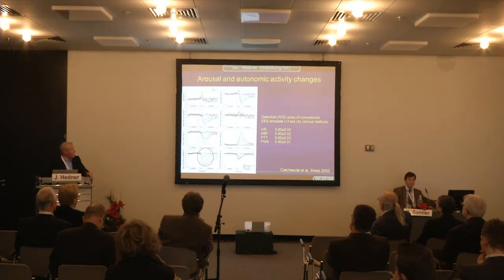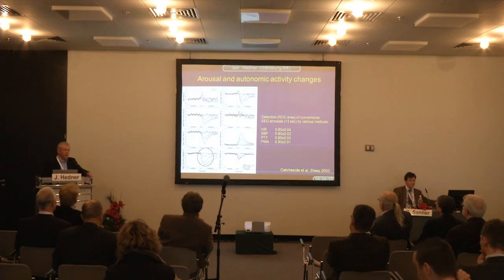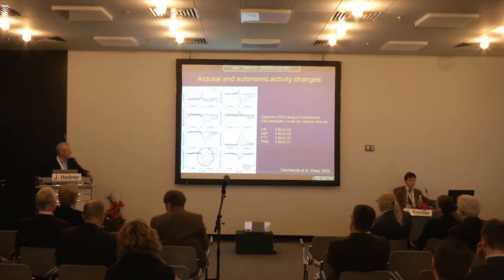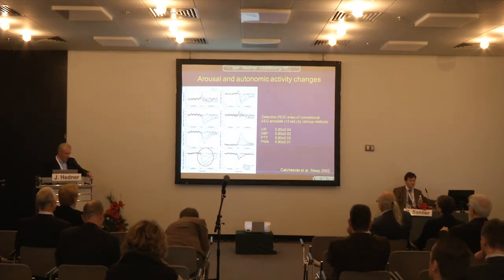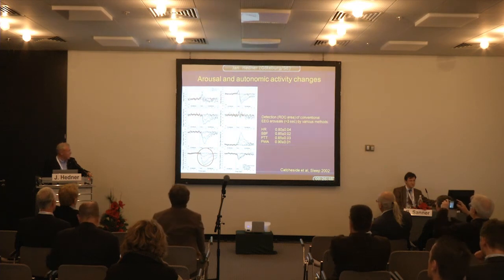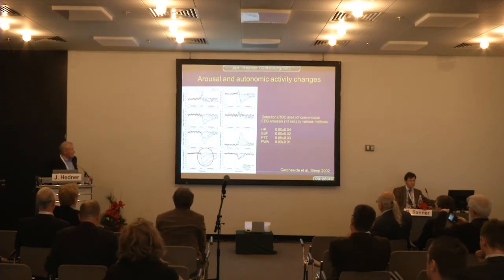There have been a number of studies going on throughout the years. This is from Peter Catcherside in Adelaide in Australia, who looked at different types of arousal signals and how well these arousal signals could be reflected in different types of autonomic signals.